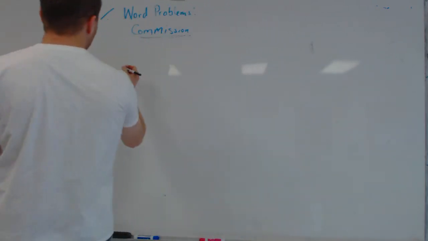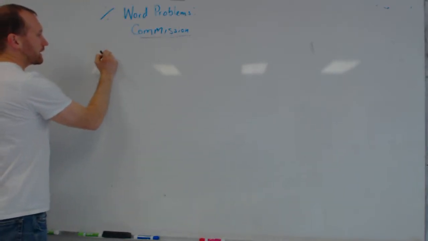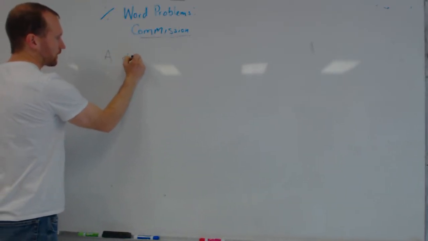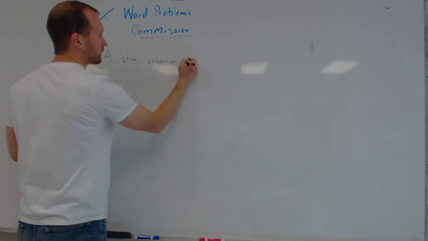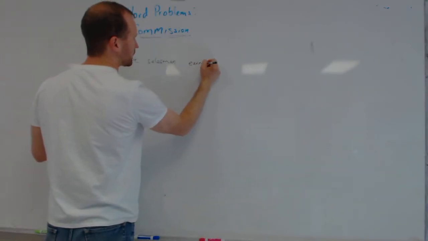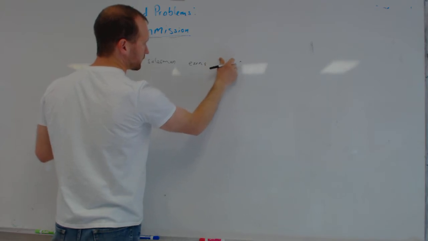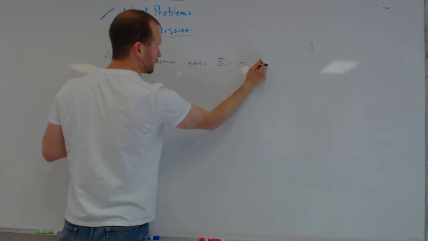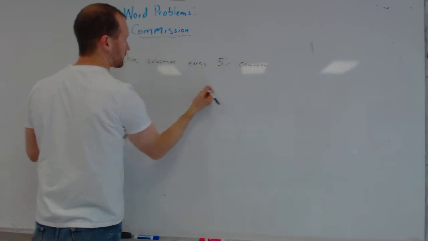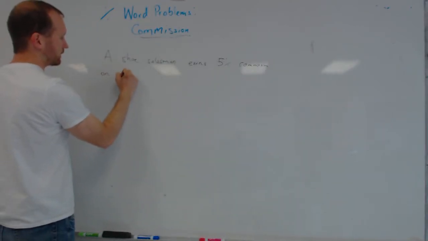So let's look at an example problem. Let's say a shoe salesman earns 5% commission on sales.